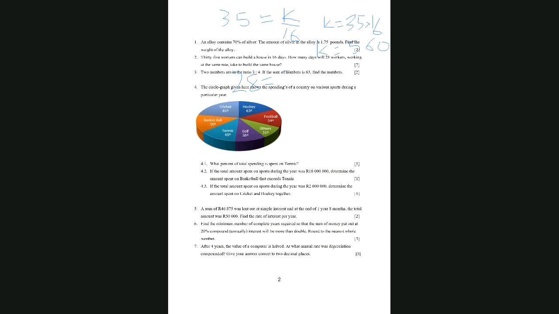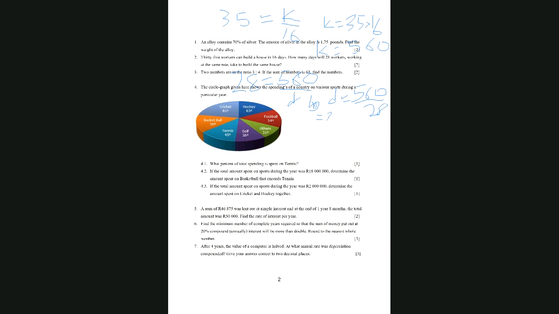But we don't know the number of days, so we make that one D. So D will be 560 divided by 28. And what will be our answer? 20. So you see that, yes, it's inverse proportion.